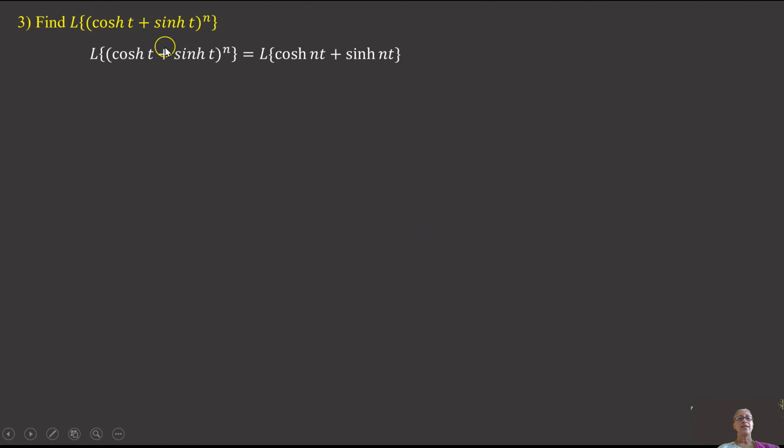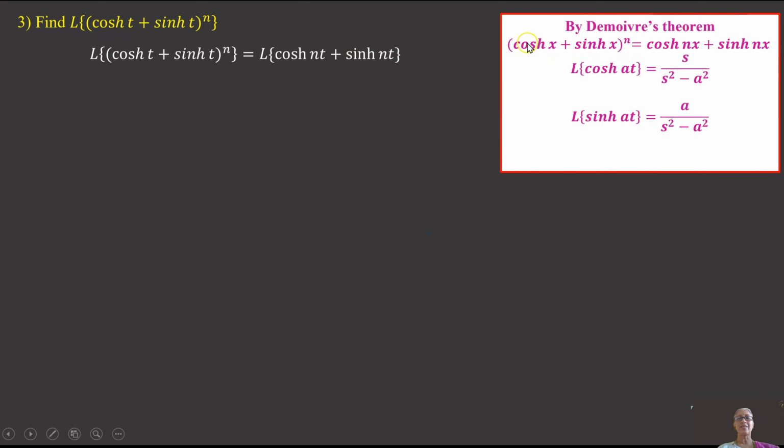Let us see one more example. Here this is find Laplace transform of (hyperbolic cos t plus hyperbolic sin t) whole raised to n. Now here (cosh t plus sinh t) raised to n equal to cosh nt plus sinh nt according to De Moivre's theorem.